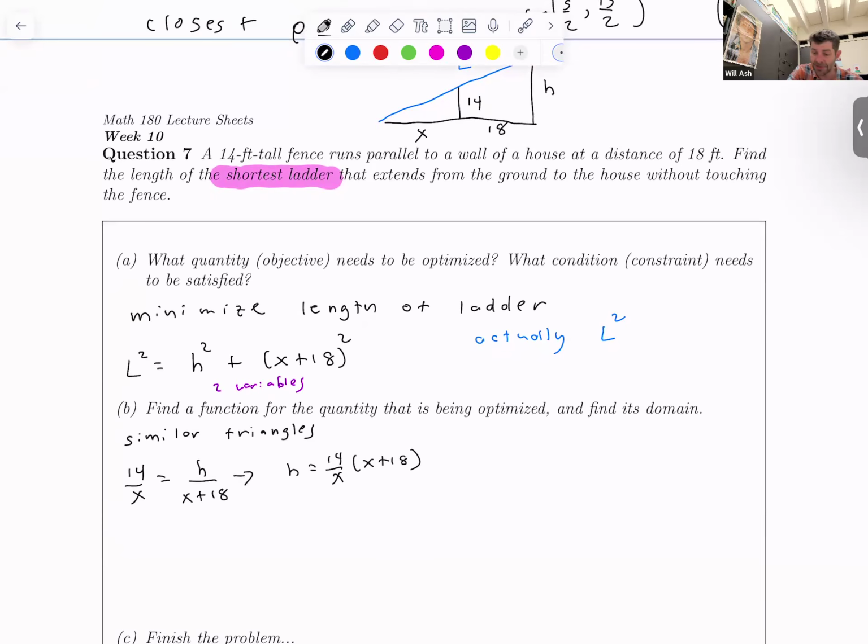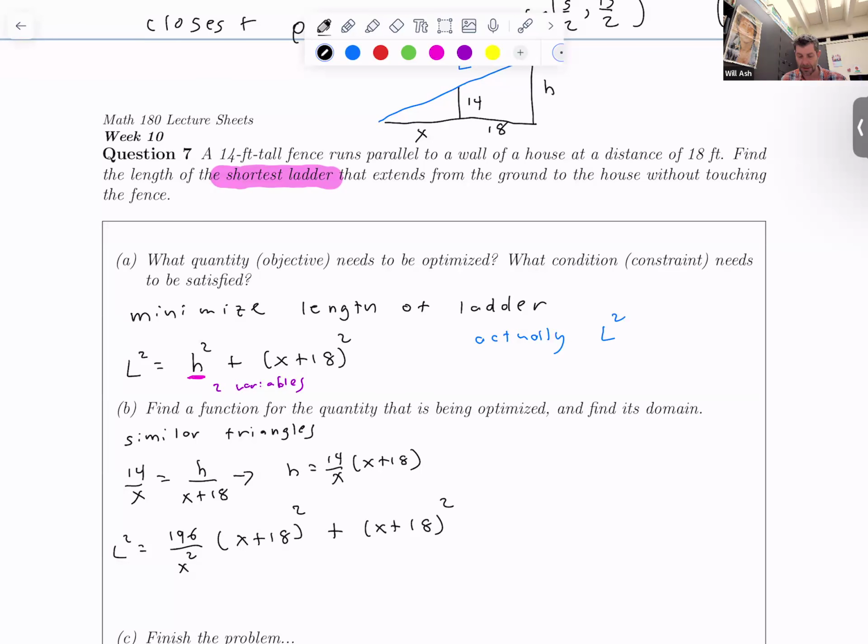All right, so when I put this in for h squared, what I've got is 14 squared, which is 196, over x squared, times x plus 18 squared. That's your whole h squared. And then I've got this.